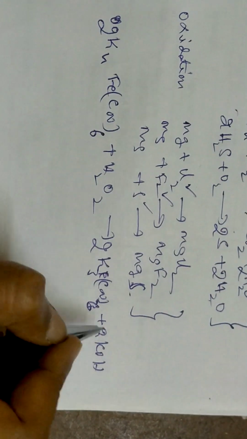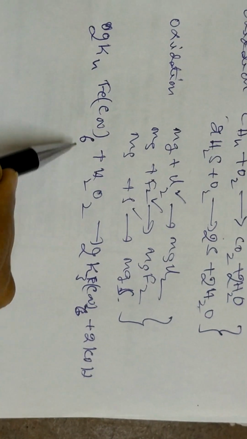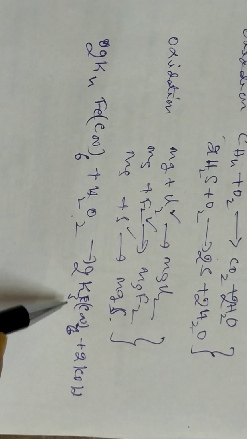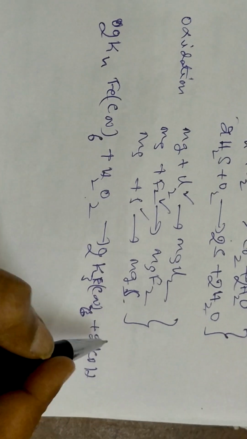Right, now it is balanced. Potassium ferrocyanide plus hydrogen peroxide gives potassium ferricyanide and KOH.